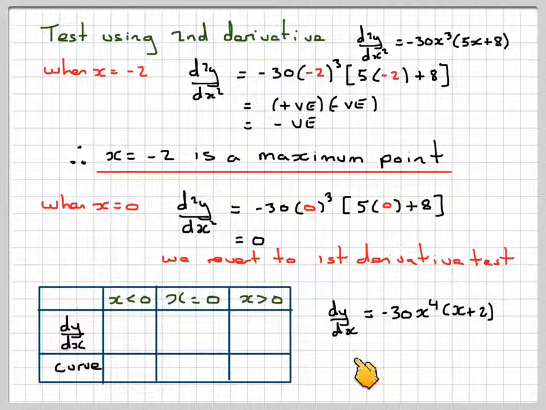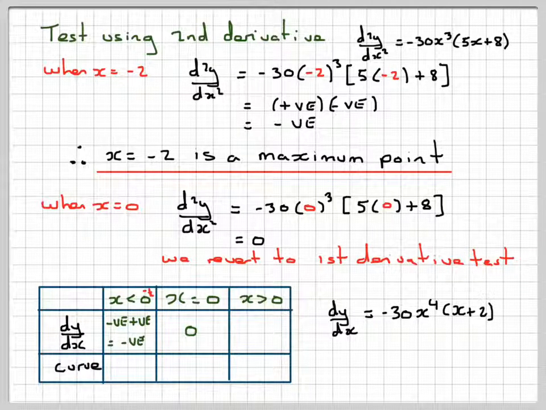And now we have to make sure we use the first derivative. dy/dx equals minus 30x^4 times (x plus 2). So we take minus a half. We're only interested in the sign. If you raise anything to the power 4, it's positive, but you still have the minus sign in front. So we've got minus. And minus a half plus 2 is positive. A minus times a positive gives a negative.